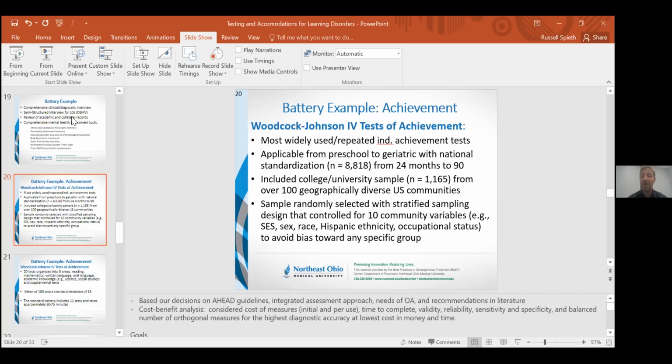In my neck of the woods, where I do college and university assessment, it is helpful to look at that specific sample. Sometimes I'm trying to determine whether something meets the criteria of a disability or not. So they do have a college university sample that you can also compare folks to.